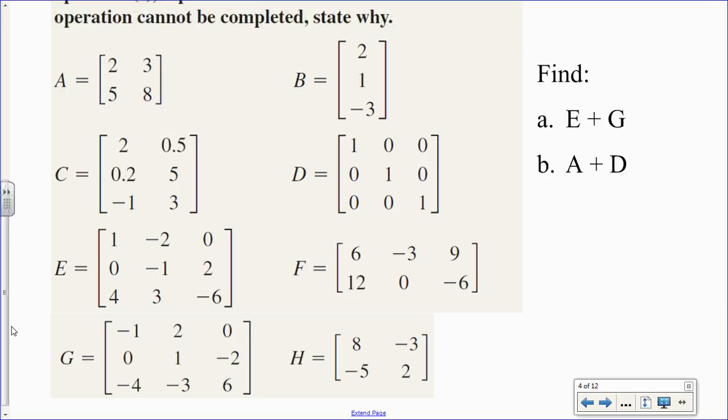So I want to do E plus G. So check the size. The sizes have to be the same. So what's the size of E? 3 by 3. What about G? 3 by 3.